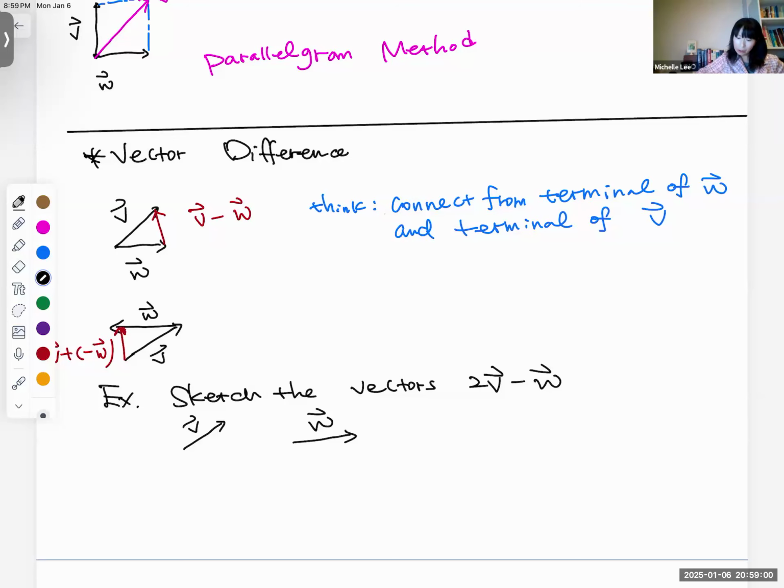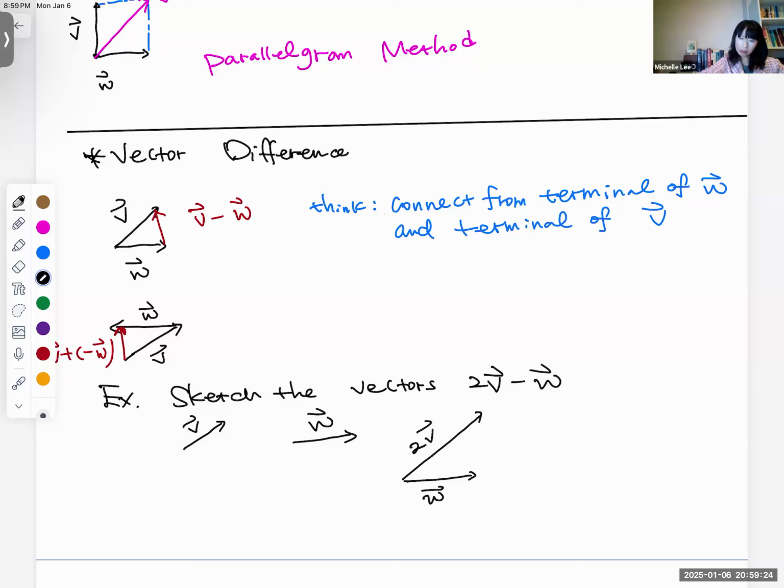Okay, 2v, and let's say the w. We just connect, right? We had the experience earlier.